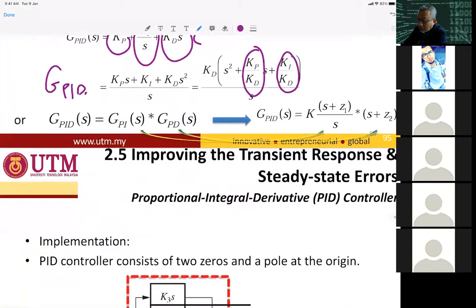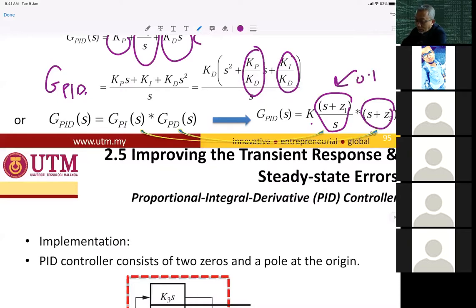So it becomes a GPI and GPD together, which becomes K times S plus Z1 over S. This one is for the PI, and this one is for the PD. This one is simple because you have the pole at the origin. You just put Z1 at 0.1 or 0.01. You remember already. But Z2 is quite difficult because you have to calculate the location of Z2 in order to decide where the response goes.